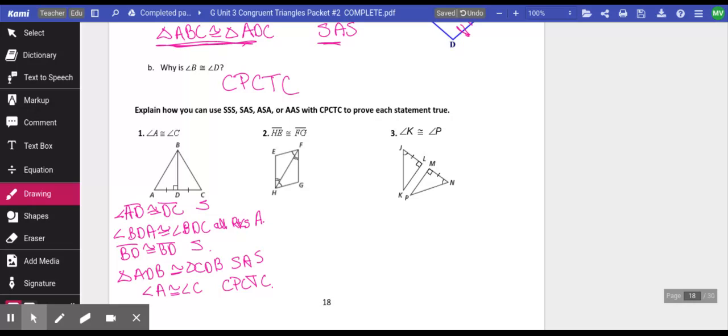So, next problem. It's labeled so that these double angles are congruent to these. This is congruent to this. And then I know HF is congruent to itself.